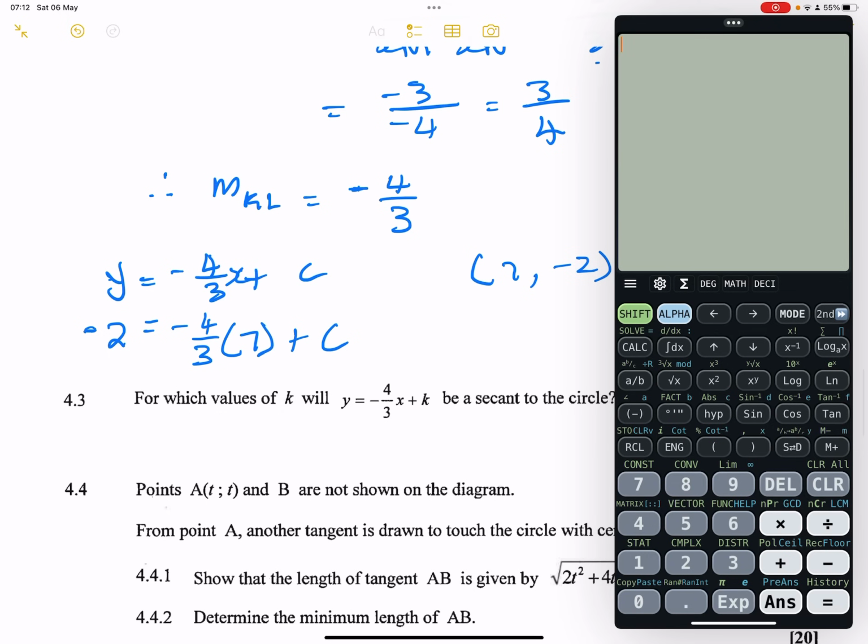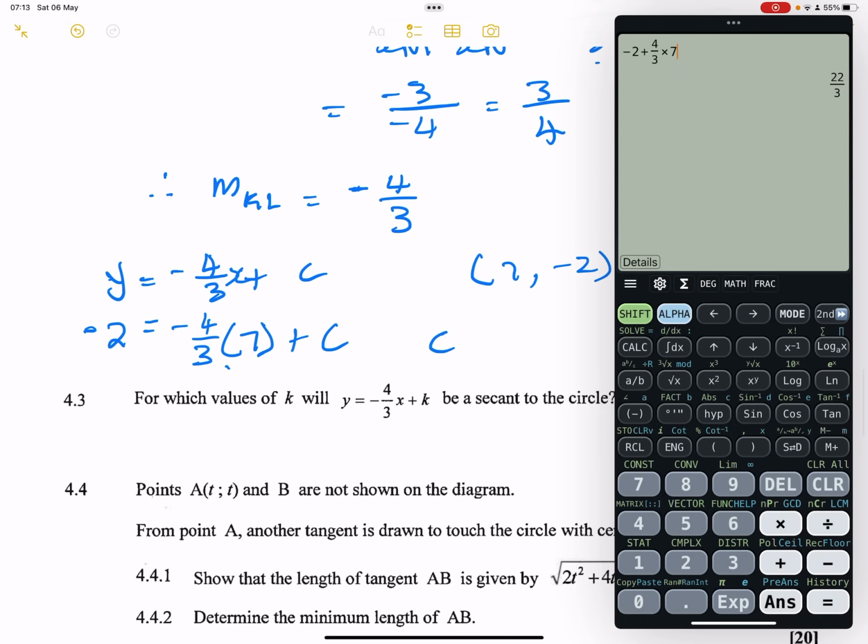So that's going to be negative 2. When I take this to the other side, that's going to be plus 4 over 3, multiplied by 7. Okay, so I get 22 over 3.